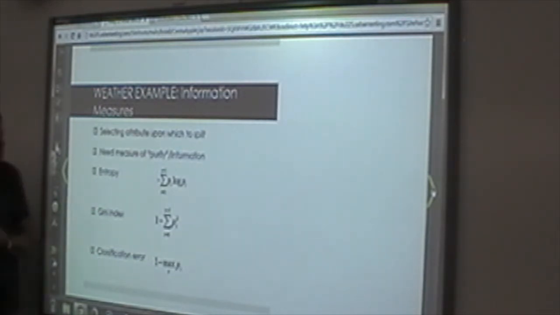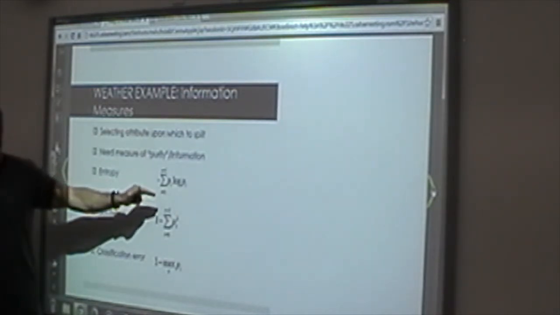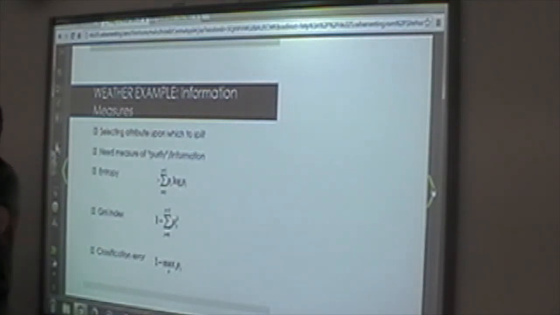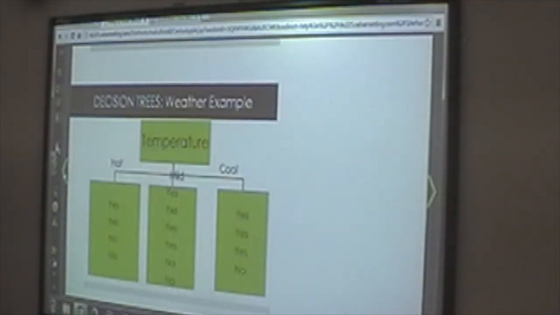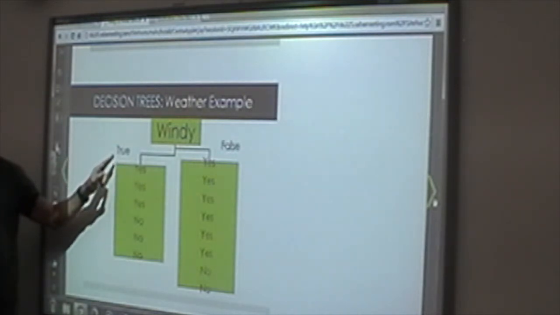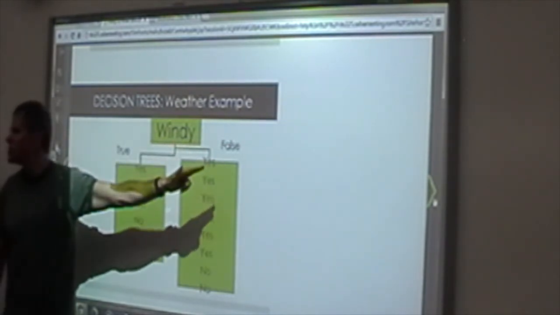In these formulas, entropy is a summation over all the classes for that particular attribute. For example, for windy, we summed over 2 possible labels, true and false.